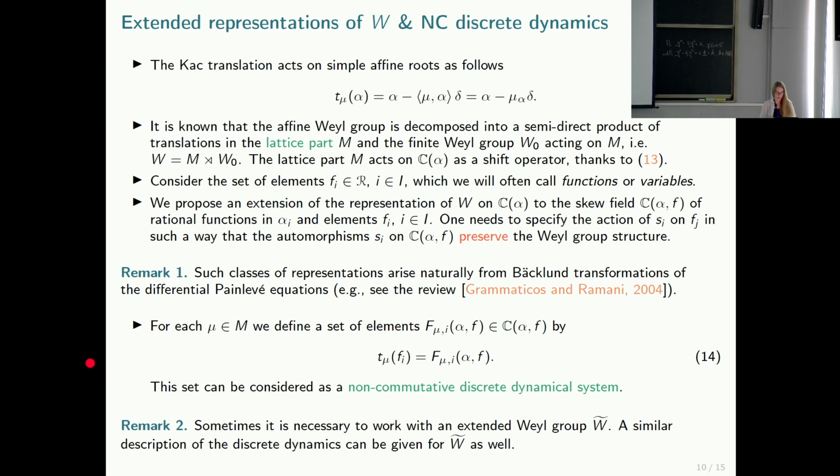For a translation operator, we need to consider the set of elements f sub i such that we can extend our representation of the affine Weyl group to a representation over the skew field of rational functions in alpha sub i and elements f sub i. And if we can do it, then we can write down the discrete system as follows.